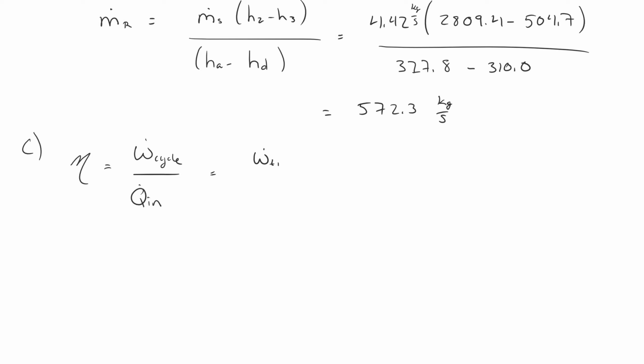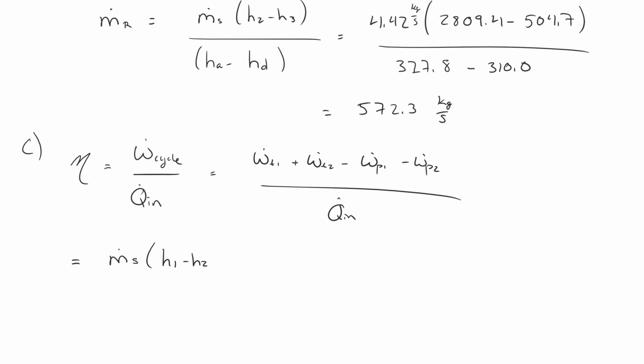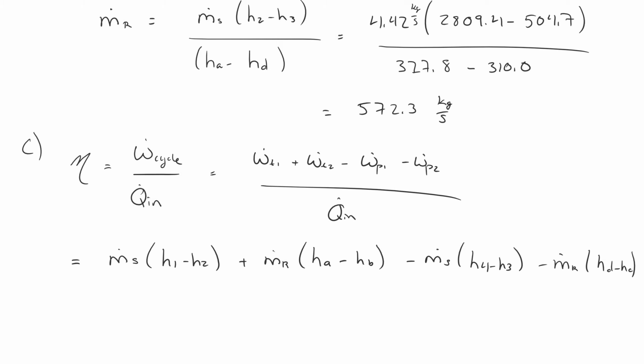So I've got output of my two turbines minus the work input to my two pumps all over Q dot N. So I can write this as m dot S, h1 minus h2, that's turbine 1, m dot sub R, hA minus hB, that's turbine 2, minus m dot S, h4 minus h3, that's pump 1, and then m dot R, hD minus hC, pump 2, all over Q dot N, which I'm told is 14 megawatts.